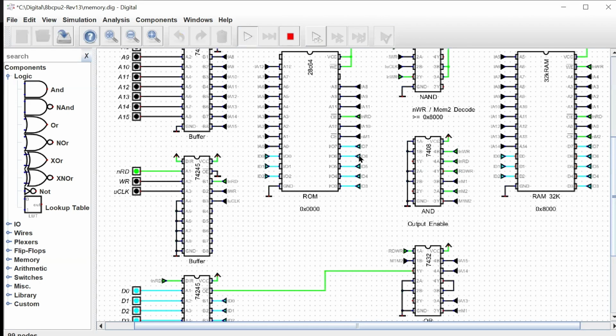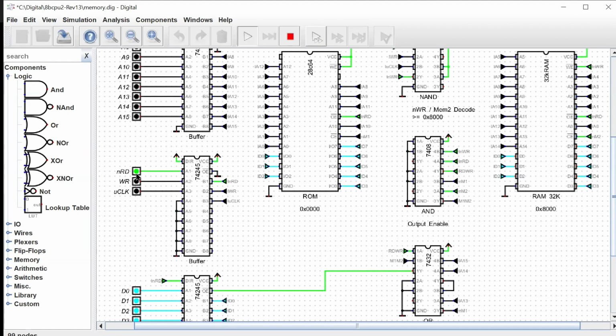All right, so our ROM is mapped in at address hex 0, and our RAM is at address 8000. And so right now we have 0 on our address bus, and all of our control signals are in their inactive state. And we can see here that our output enable is also high, which means that our data bus is inactive or in a high Z state.